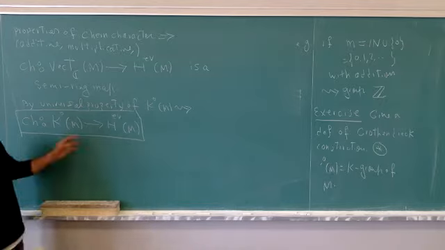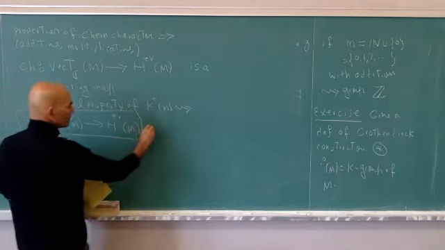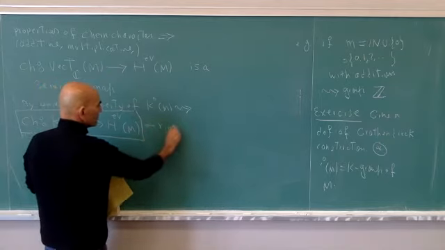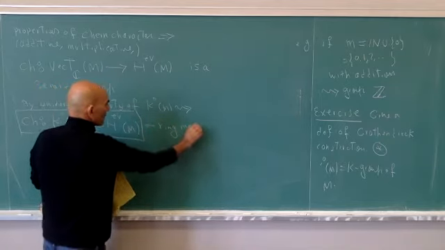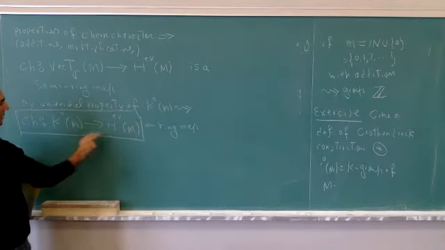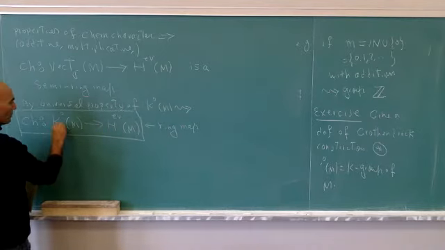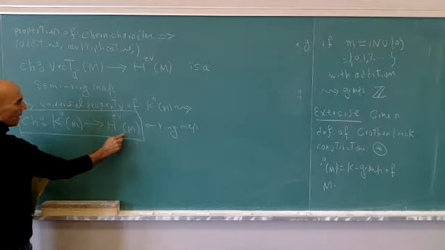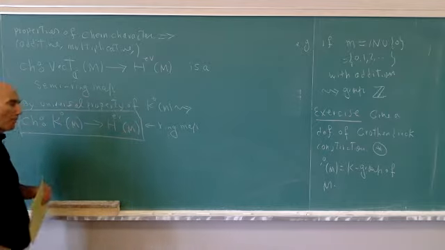So the Chern character is a ring map, a unital ring map from this ring in K groups to even dimensional homology.